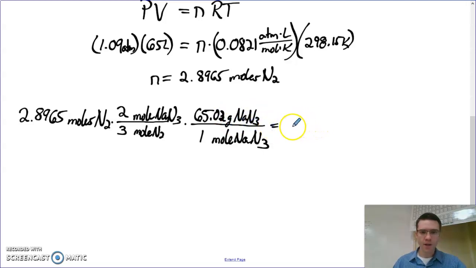And if you calculate this out, you get 125.6 grams. With sig figs, we would round to 130 grams of sodium azide.